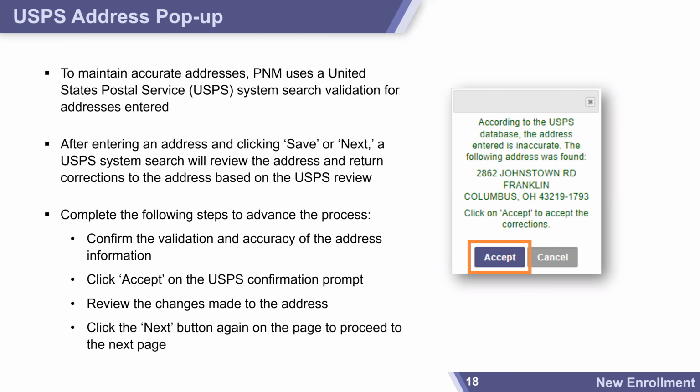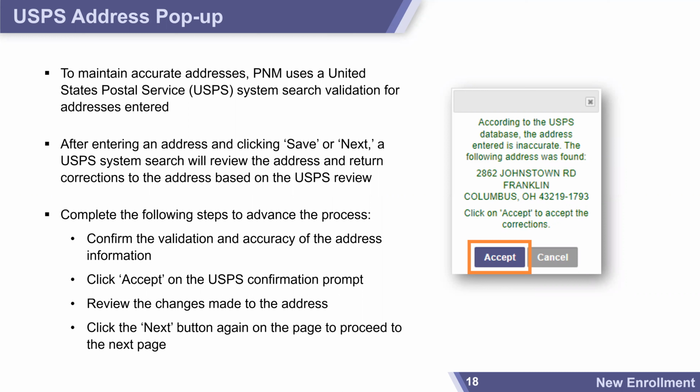And it may change something very simple. You may have typed out road, but the system has it as RD. You may have typed out drive, but the system has it as DR. Maybe you've got the wrong last 4 digits of the zip code, the extension. It doesn't matter what the new address is that populates. You always want to make sure that you hit accept.